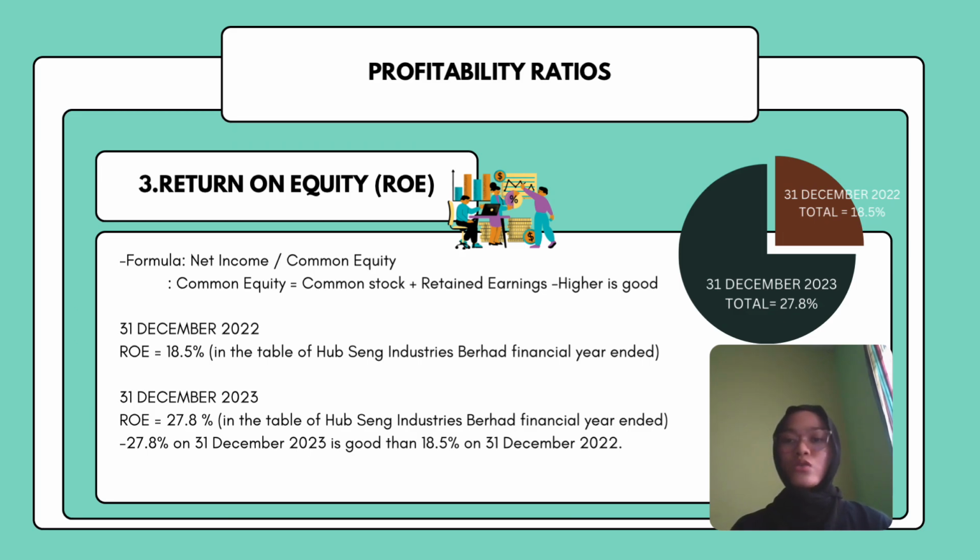For this calculation, the higher the better. For 31 December 2022, based on the data from Hap Seng Industry Berhad's financial year ended, ROE is 18.5%. For 31 December 2023, they got 27.8%. So 31 December 2023 is better than 31 December 2022.